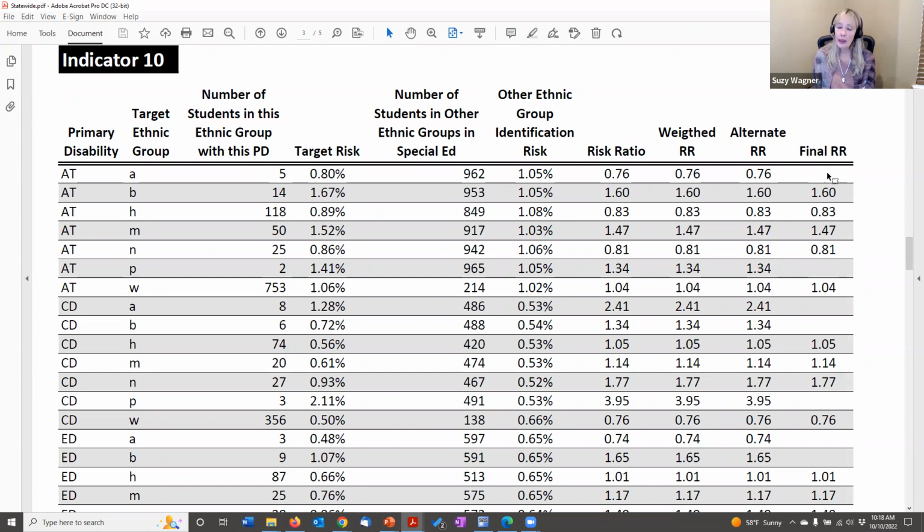Otherwise, on your report, be sure to look, as I've said, for those rates 3.0 or higher, and also look for any rates between 2.0 and 2.99. That just suggests that maybe you're getting a little close and you might want to do some looking at your files for particular groups of students to make sure that there are no inappropriate identification practices going on.